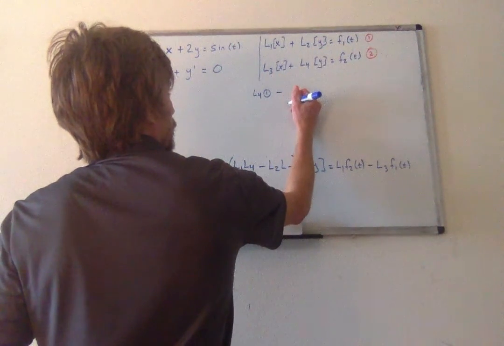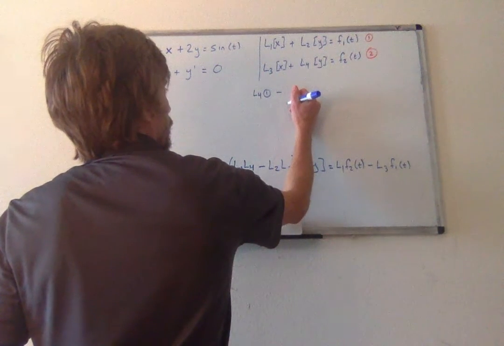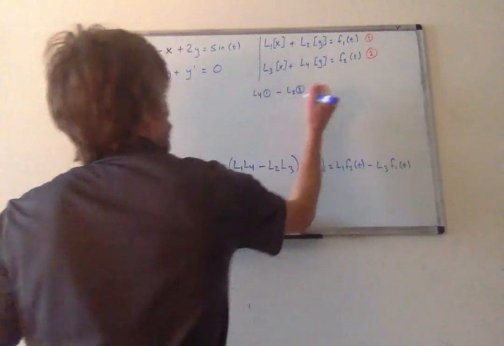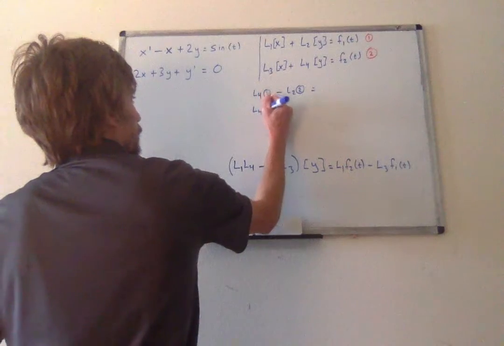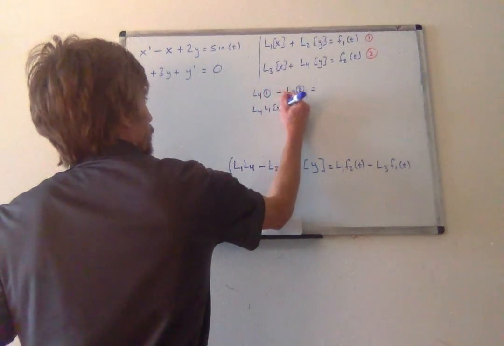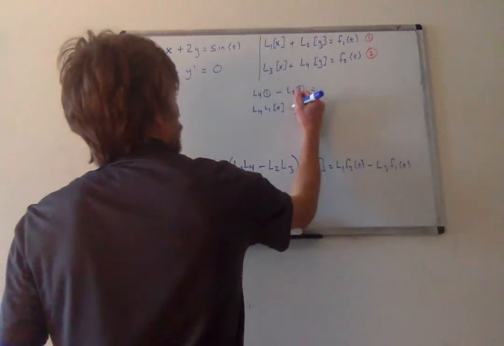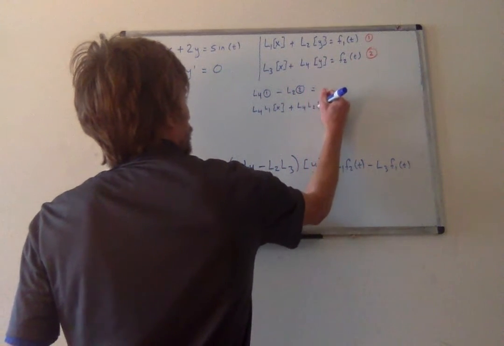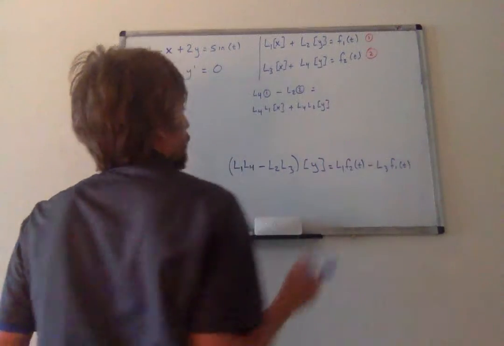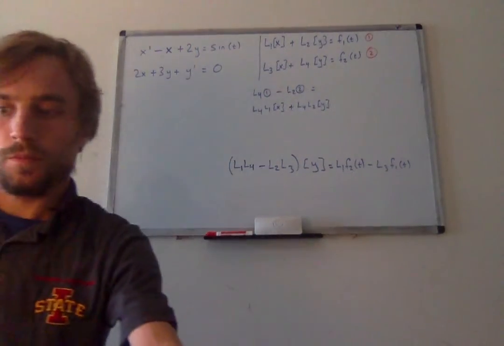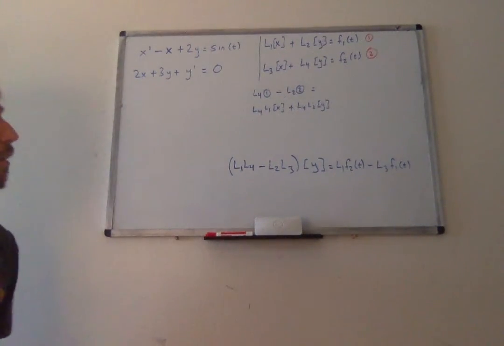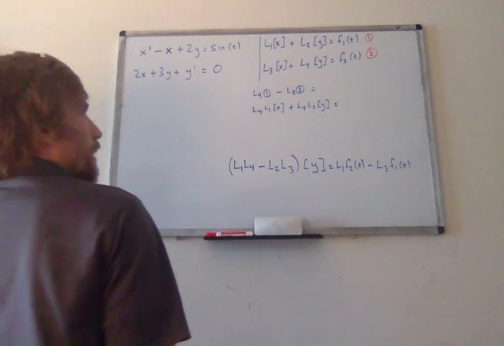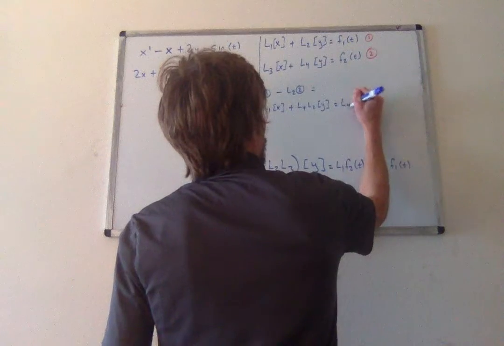minus L2 times equation 2. That would get us L4 L1 applied to x plus L4 L2 applied to y, and that's equal to L4 F1 of t.